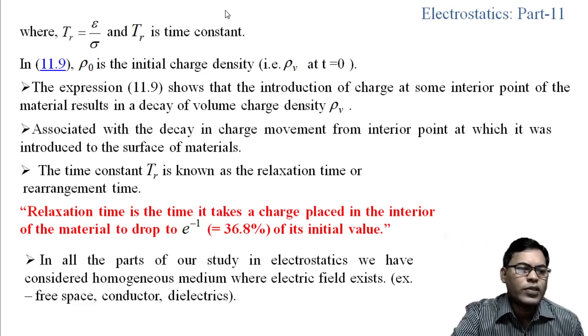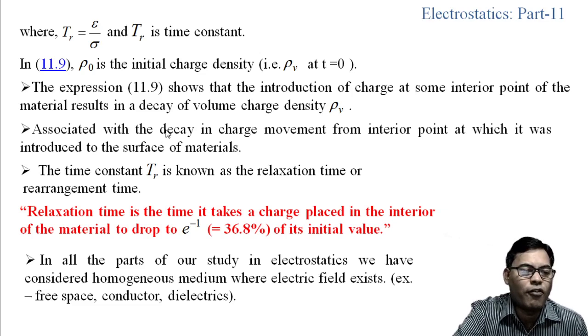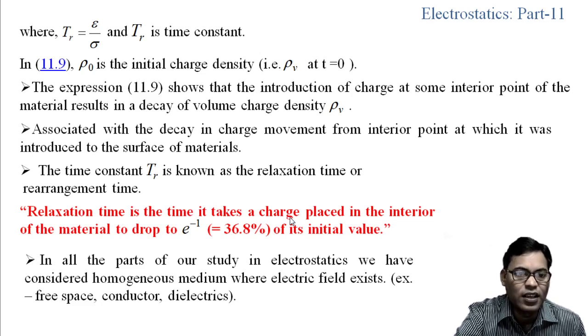The definition of the relaxation time is written in the red line: it is the time it takes a charge placed in the interior of the material to drop to e to the power of minus 1, which equals 36.8% of its initial value.